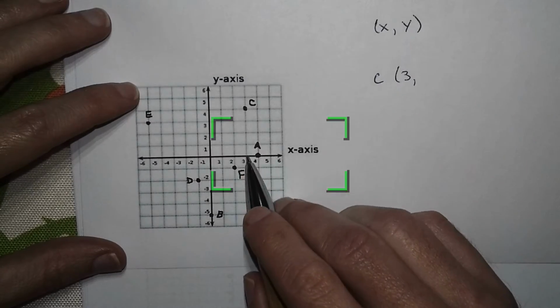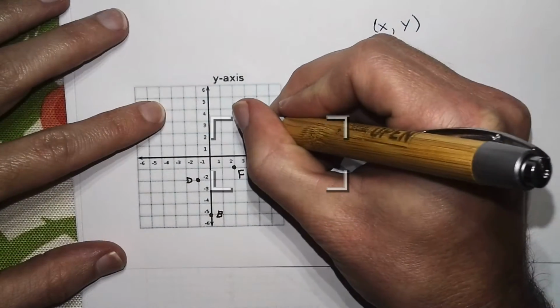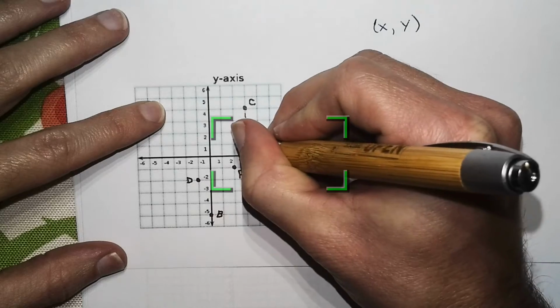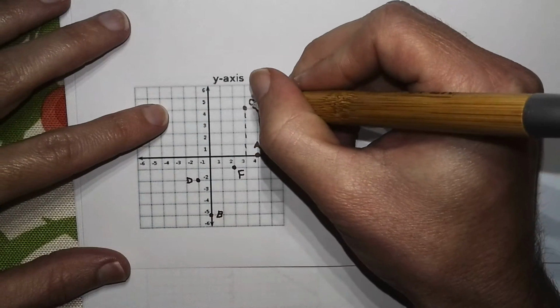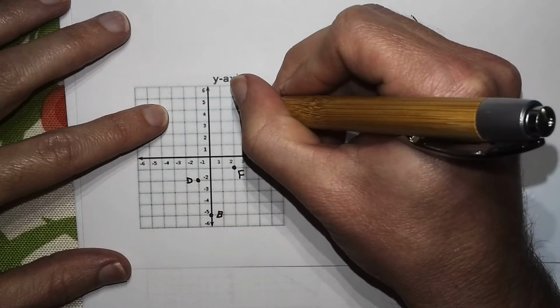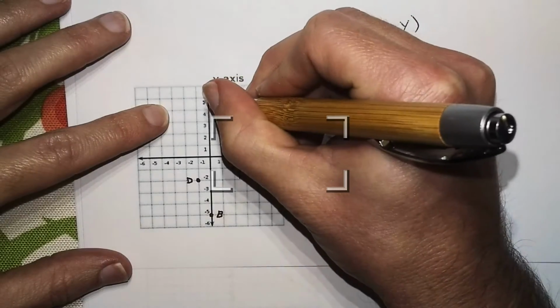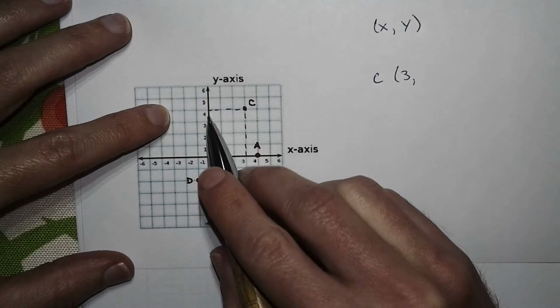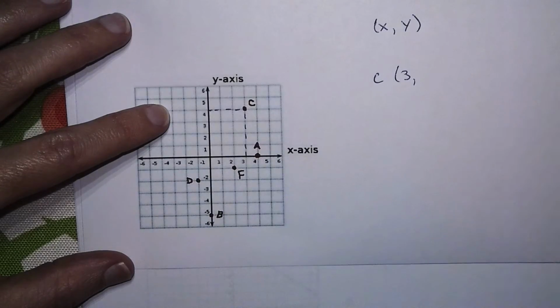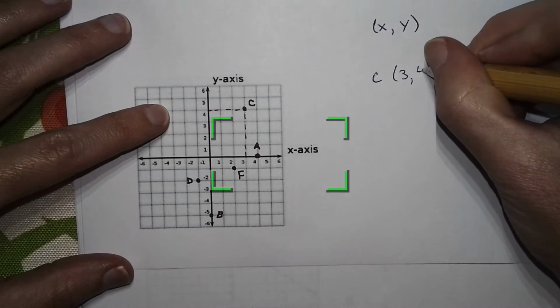Okay. And I'll go ahead and draw the little dotted line so you can see what I'm talking about. So I'm basically following it back to the x-axis. And I'm going to do the same thing to the y-axis. It goes right here, which is 1, 2, 3, 4. Okay. So that is my y-coordinate.